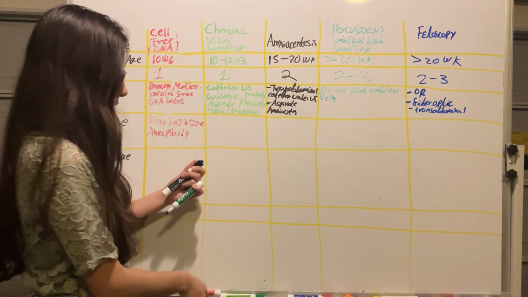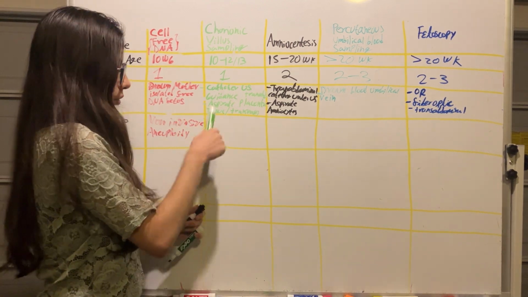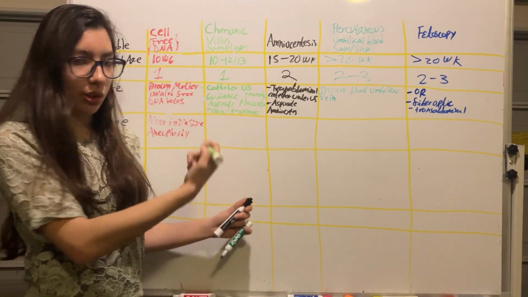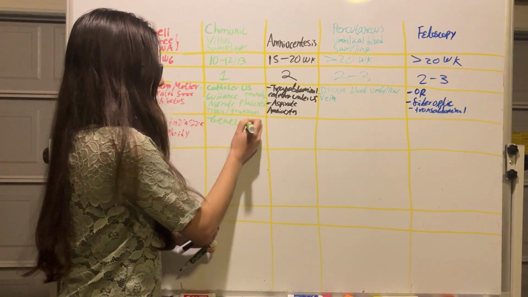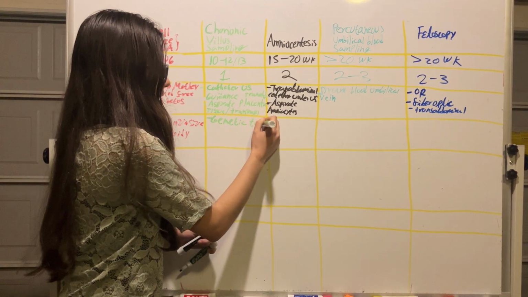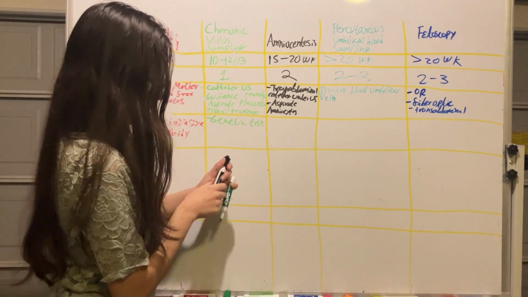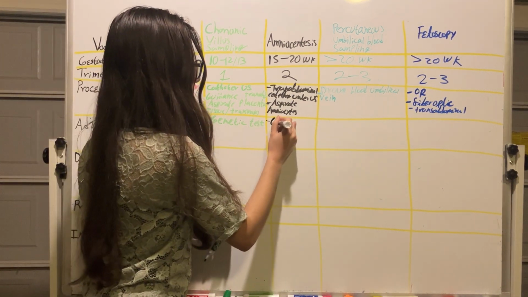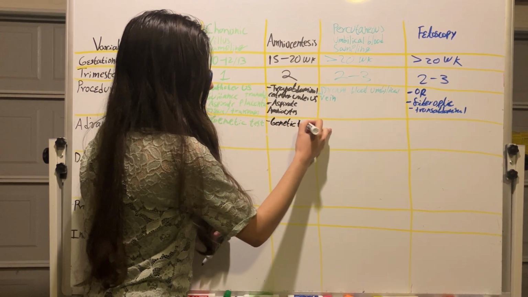Chorionic villus sampling advantage is that in this case, we are going to screen for aneuploidy, this is going to be a genetic test. Amniocentesis, this is also going to be a genetic test for aneuploidy. Genetic test.